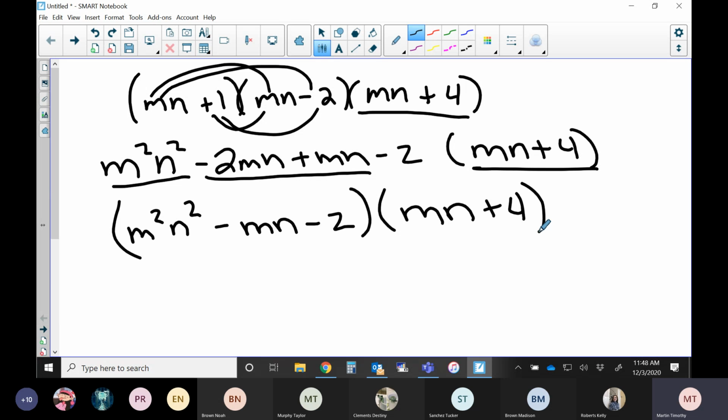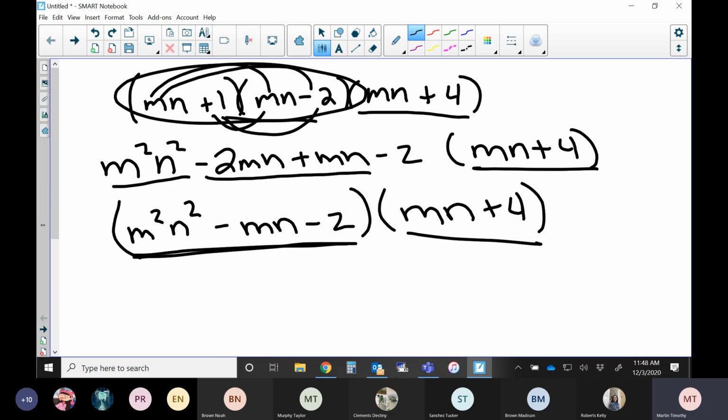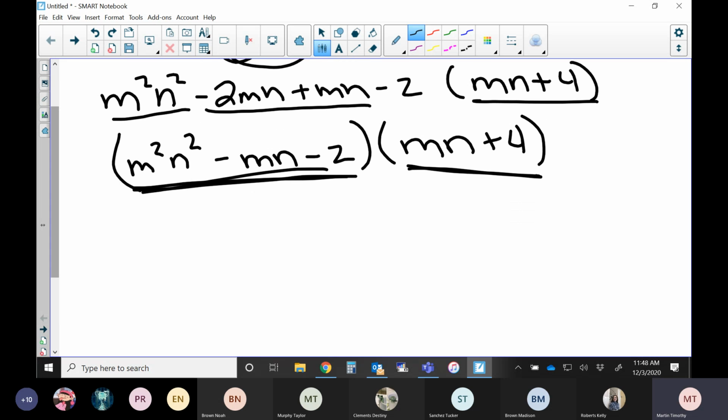I am now going to distribute that to the one that I ignored. Once I multiplied these two and simplified it to this, now I'm going to multiply this times this. You see how I'm only doing 2 bubbles at a time. Since there's 3 in this first one, I'm going to multiply this by 1, 2 things.